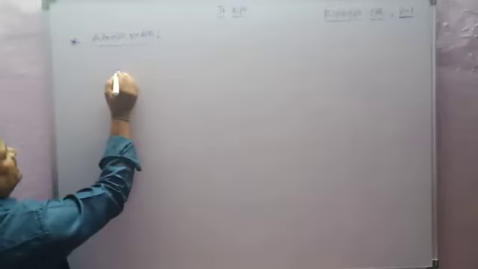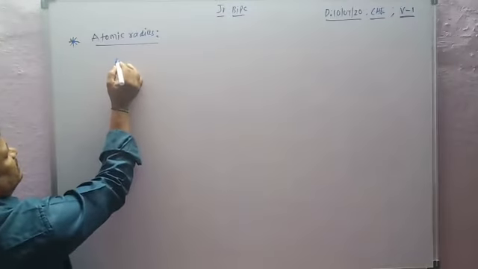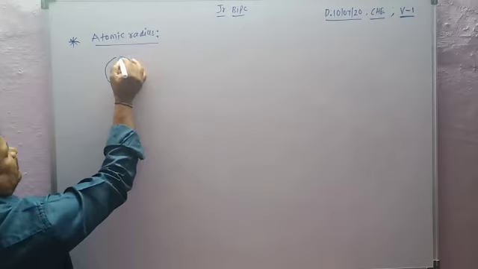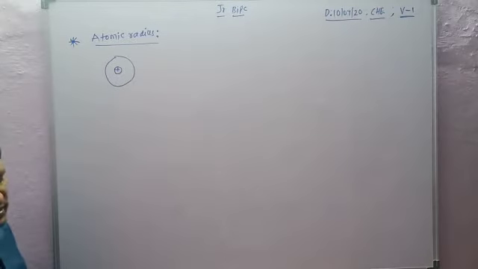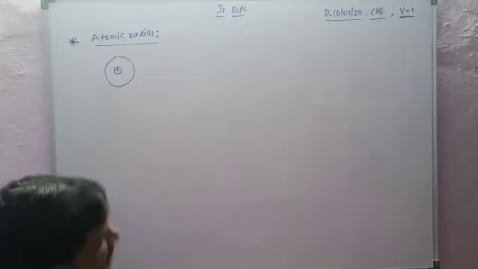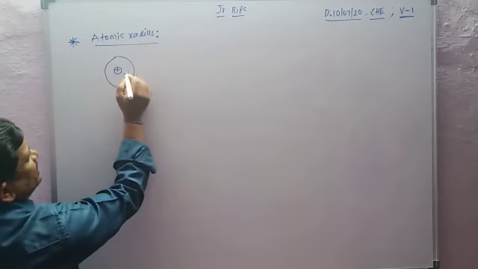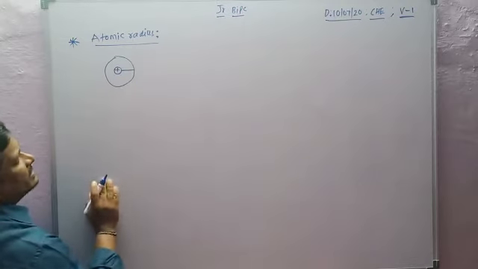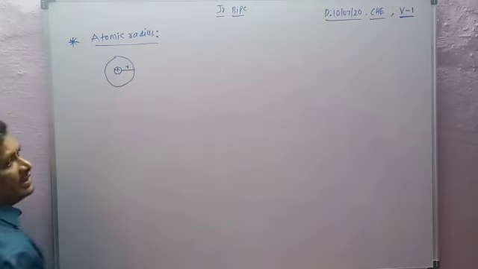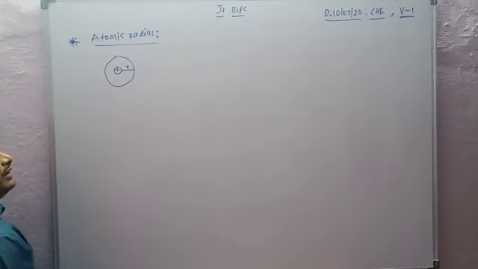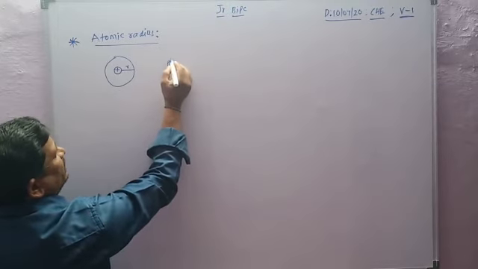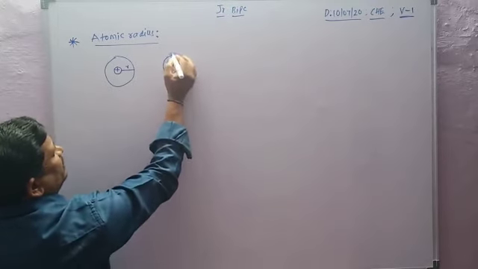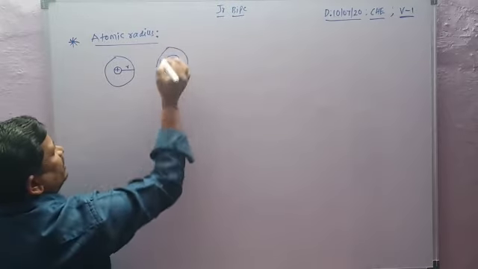For example, let us consider an atom. It has a nucleus and a first orbit. The distance between the center of the nucleus and the outermost shell is the radius. Let us consider a nucleus with a first orbit and a second orbit.